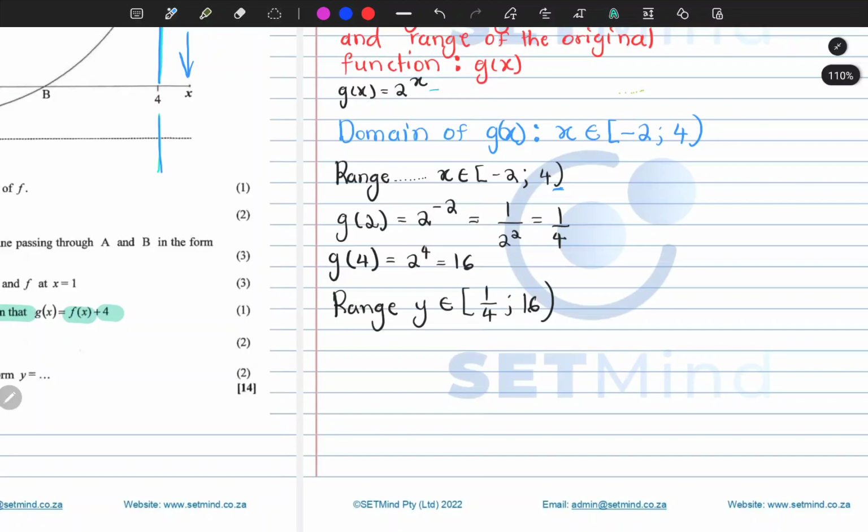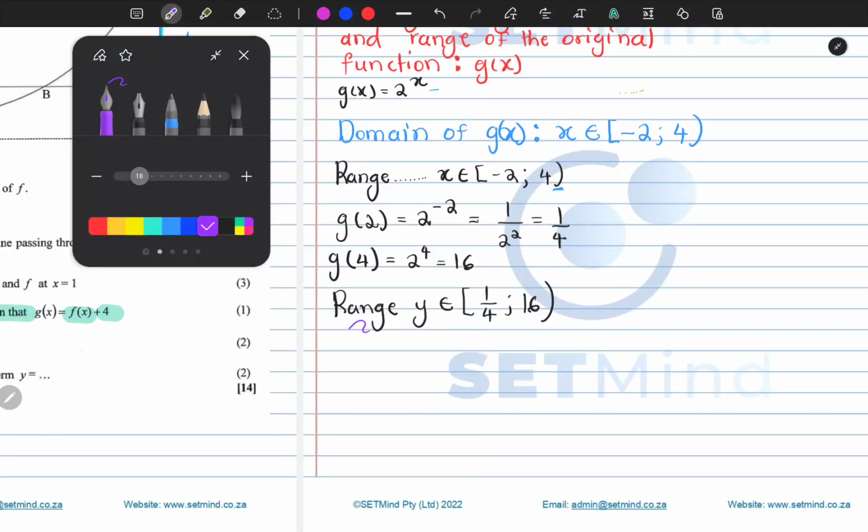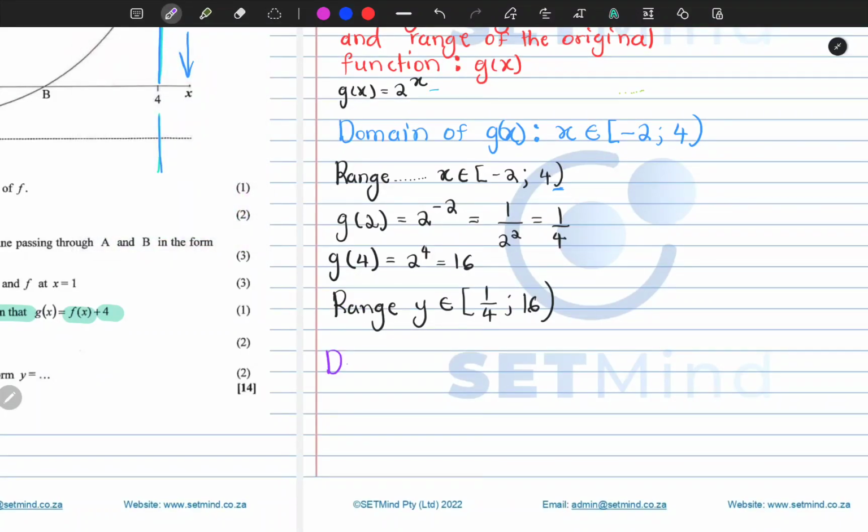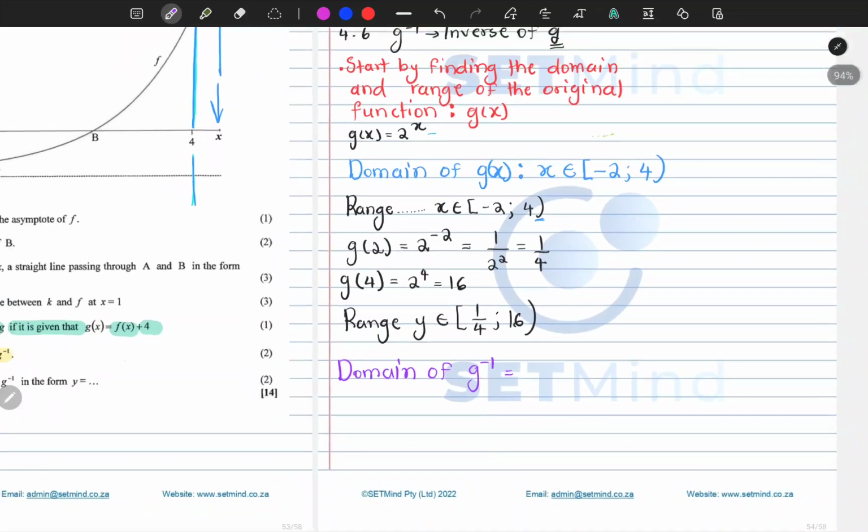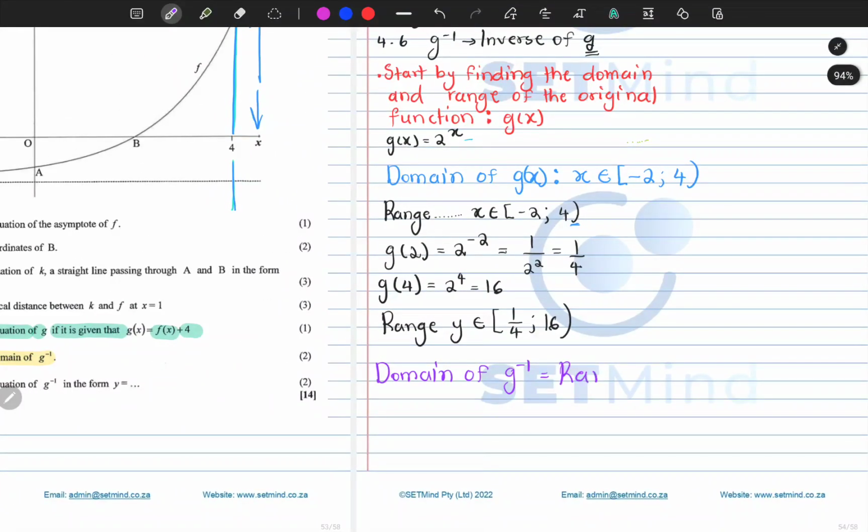Then let's go ahead now and deal with the inverse. So what you should remember is that the domain of the inverse is the same as the range of the original function, and the range of the inverse is the same as the domain of the original function.